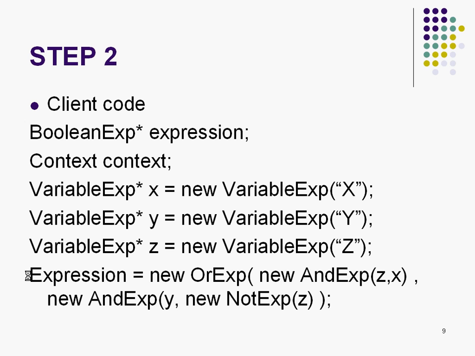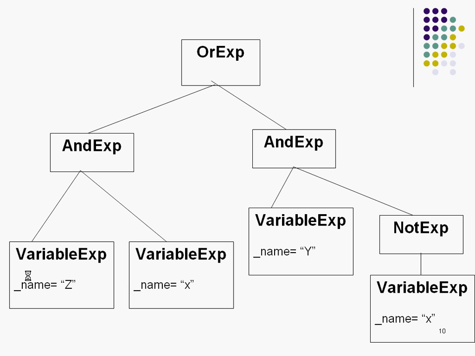And then we did a new of AND exp. After this is executed, this new of AND exp would be invoked. Now this takes z and x. So which part of the tree gets created? The left one, right?